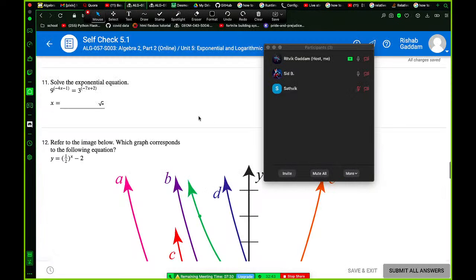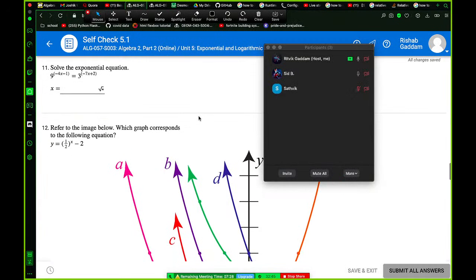Okay. So solve the exponential equation. Sid, do you want to do this one? Sure. So 9 is basically 3 to the power of 2. So it'd be 3 to the negative 8x minus 2, and 3 to the negative 7x plus 2. Yeah, okay.